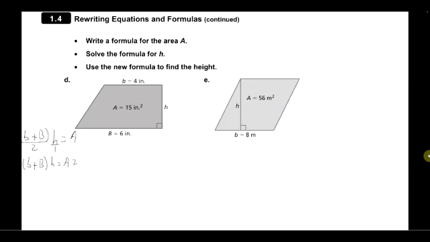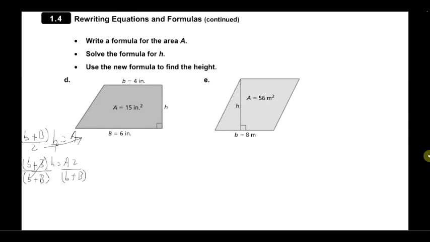We moved it over, did the opposite. Now we need to get rid of this b plus big B. You see this parentheses? How this whole thing is relating to h is it's being multiplied. So we can divide both sides by parentheses b plus B. Now do you see how everything in here is exactly the same?